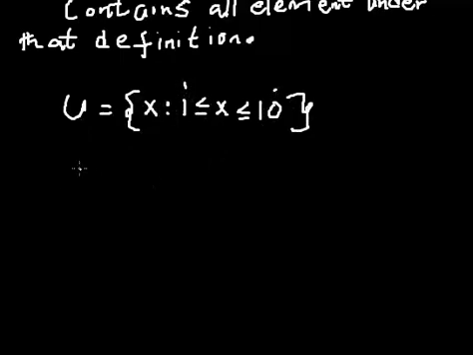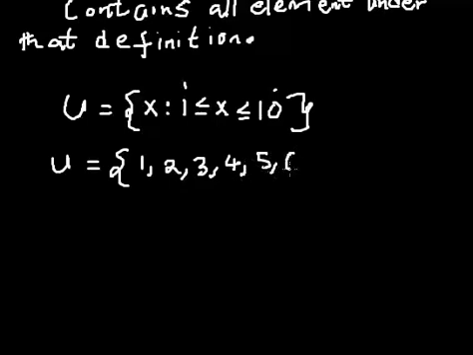So if I want to list my universal set, I have 1, 2, 3, 4, 5, 6, 7, 8, 9, and of course 10. Are we good? Yes, we are. So this is the universal set.